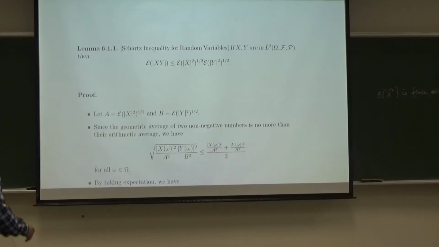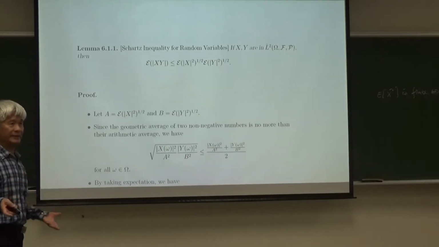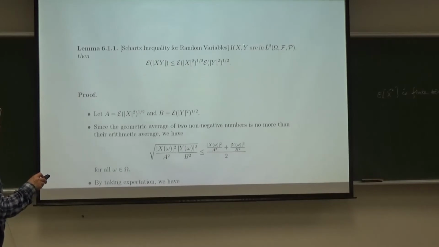Okay. Right. So this is true for all omega, because for each omega it's just a complex number, because X and Y are complex valued random variables. So given a sample omega, it's a complex number.